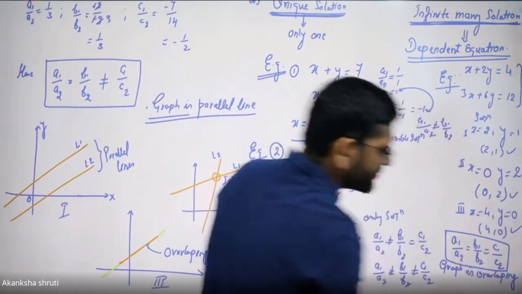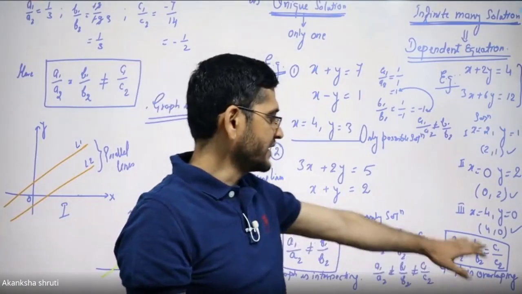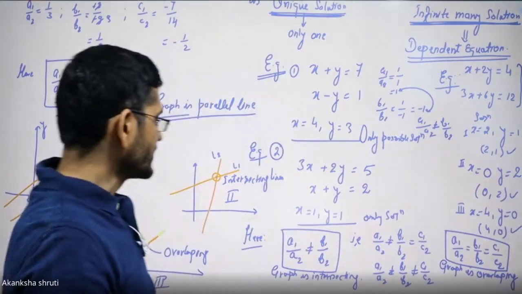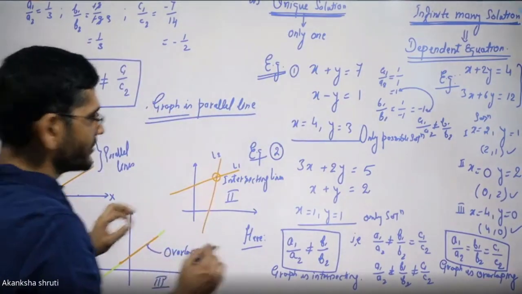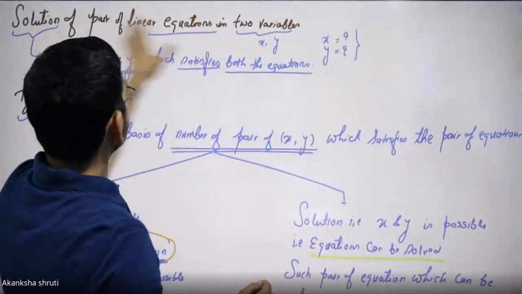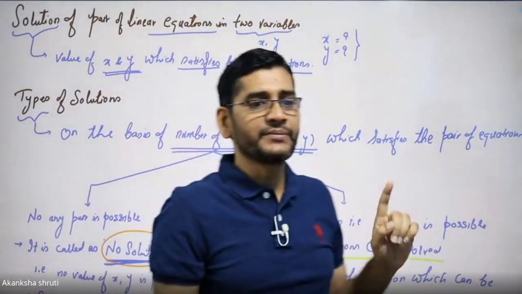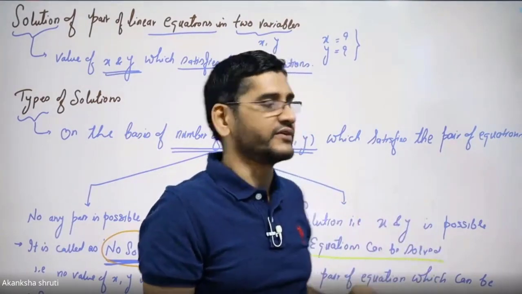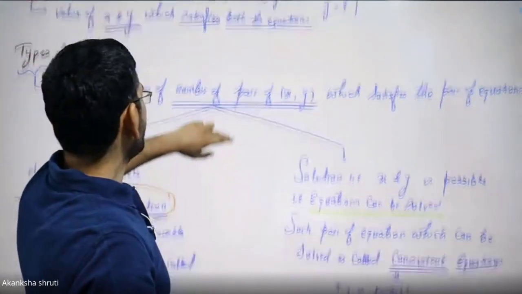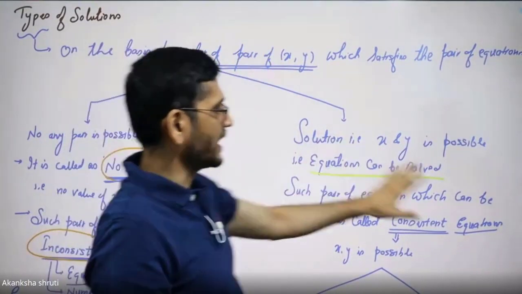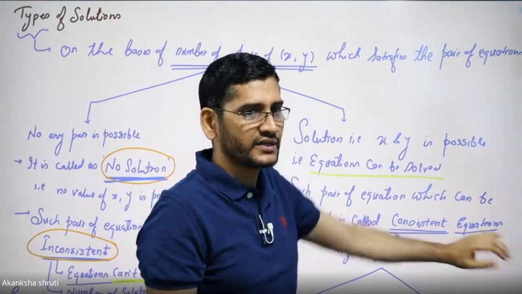This graph we will also draw. So for different situations, we will draw the graph, we will check its solution. So students, what we have learned, let us conclude each and everything. Regarding this solution, solution simply means finding the pair of x and y which satisfy the given equation. Depending on the number of possible pairs, different kinds of system of equations are there.